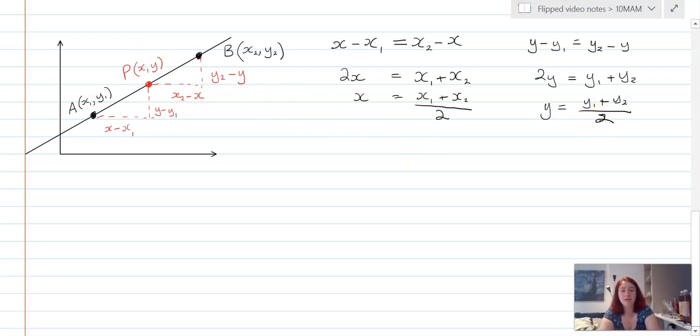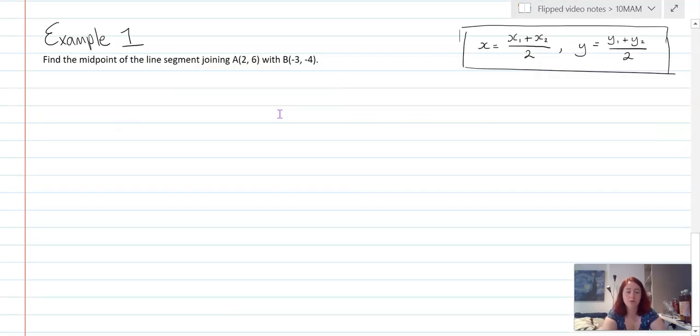So that makes up our formula for finding the midpoint of a line. In our example here, we've got the formula set up in the corner, just so we can remember it, because that's not going to be on a formula sheet. So that's something you need to know.